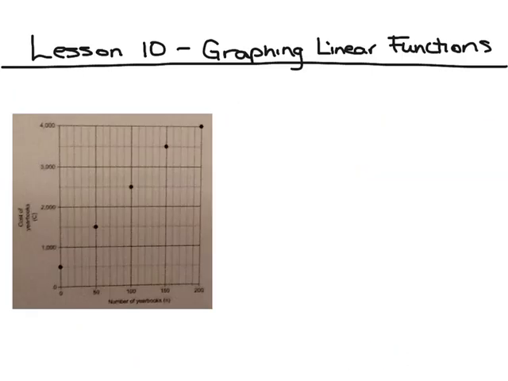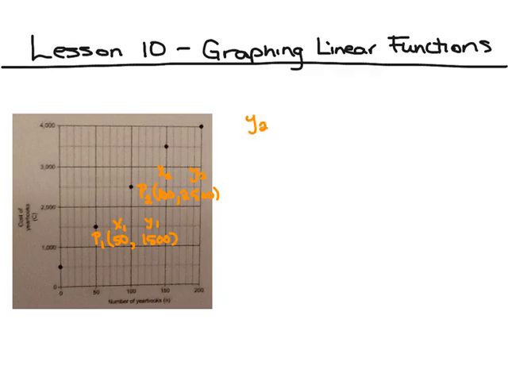Determining an equation from a graph. So to do this, we're going to have to find our rate of change. So we're going to choose 2 points. So let's say point 1, which is 50, 1500, and point 2, which is 100, 2500. So we're going to find our rate of change, and remember that this is x1 and y1, and this is x2 and y2.